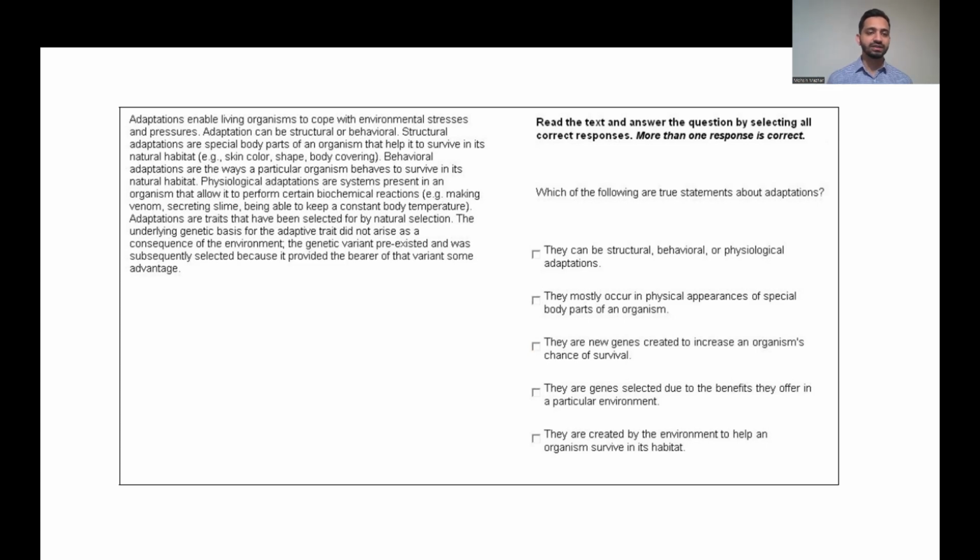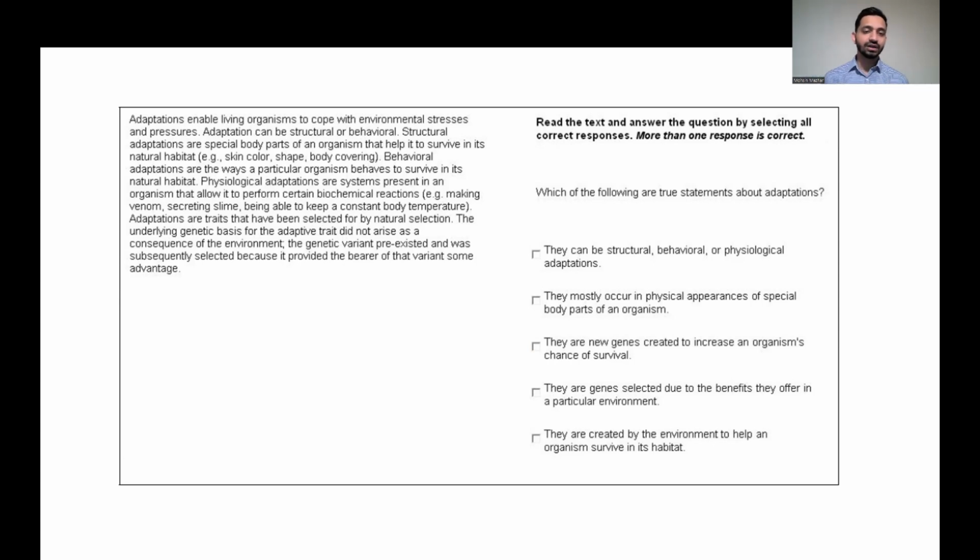Behavioral adaptations are the ways a particular organism behaves to survive in its natural habitat. So structural adaptation is about the physical one, but there is also behavioral adaptation that is not physical. So it says they mostly occur in physical. That will be wrong because it's not just the structural ones, it's the behavioral ones as well.